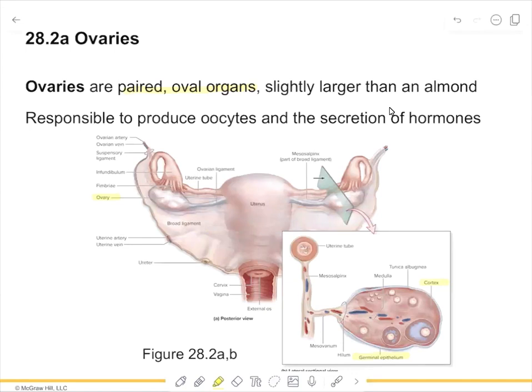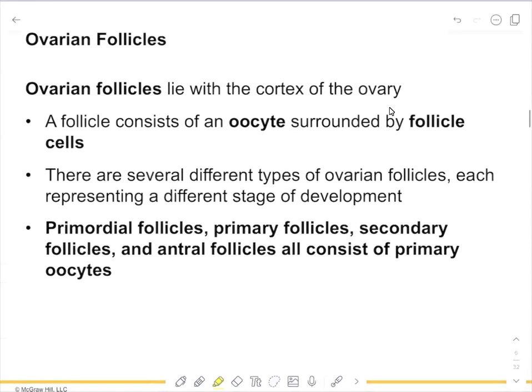And then this is connected to the uterine tube. So in addition to this structure on the slide, also is shown the fimbria, the uterine tube, the uterus, and also the external os, vagina, and cervix at the base of the uterus.